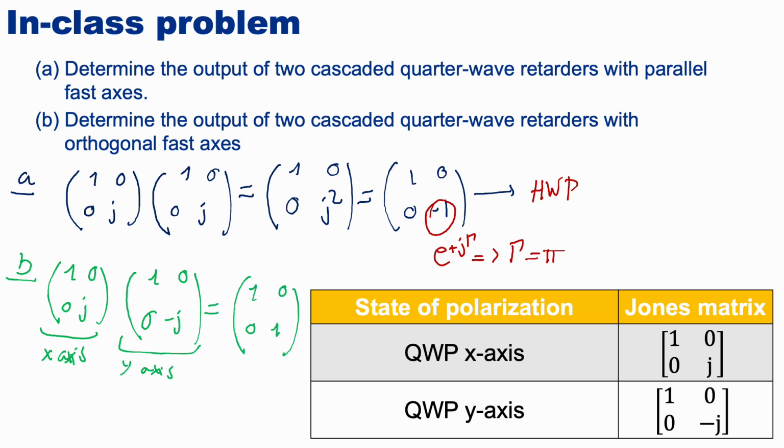So this is my identity matrix. That means that we have a full wave plate. So the phase introduced is going to be 2 pi. So the polarization state remains the same.